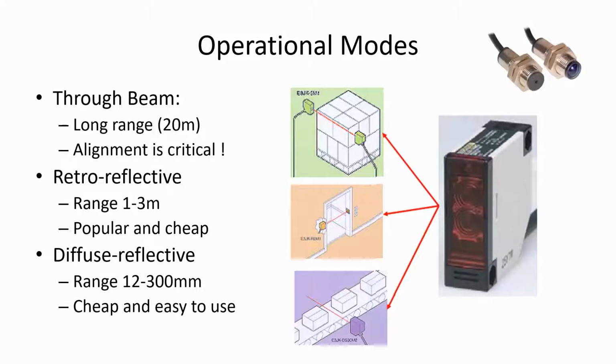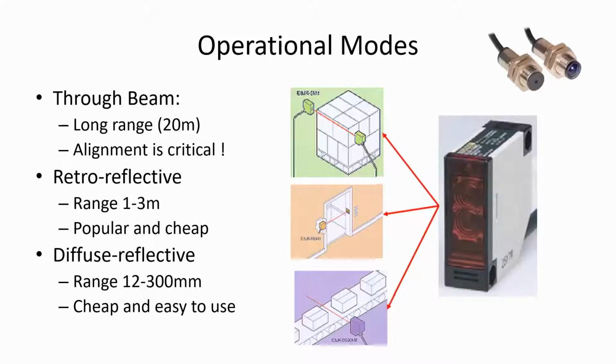Next is diffuse reflection. Here the sensing range is very small, 12 to 300 millimeters, up to 3 centimeters only. This is also cheap and easy to use. In this type it uses the reflection coming from the object.